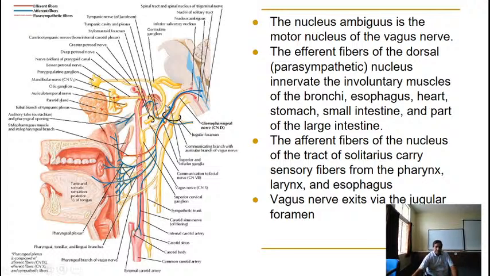Then the vagus exits through the jugular foramen, and when it exits through the jugular foramen, it is also associated with the 11th and the 9th cranial nerves. Together they come out. The hypoglossal is also closely associated, but it does not come out through the jugular foramen.